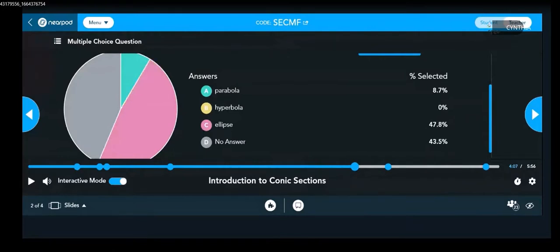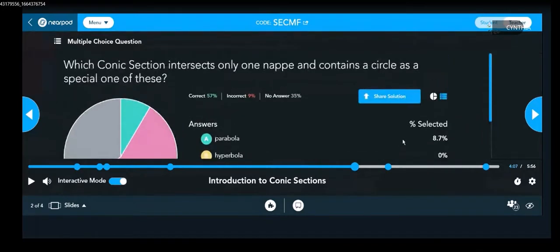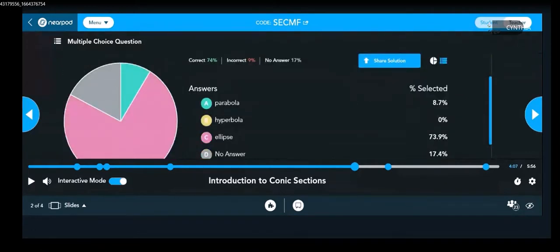So this is formed when that plane intersects only one nap. So think of it as slicing through that top part of the cone, called the nap. What would it form? And a circle is a special one of these. So there's your hint. Is it a parabola? Would a circle be a parabola? Is it a hyperbola?